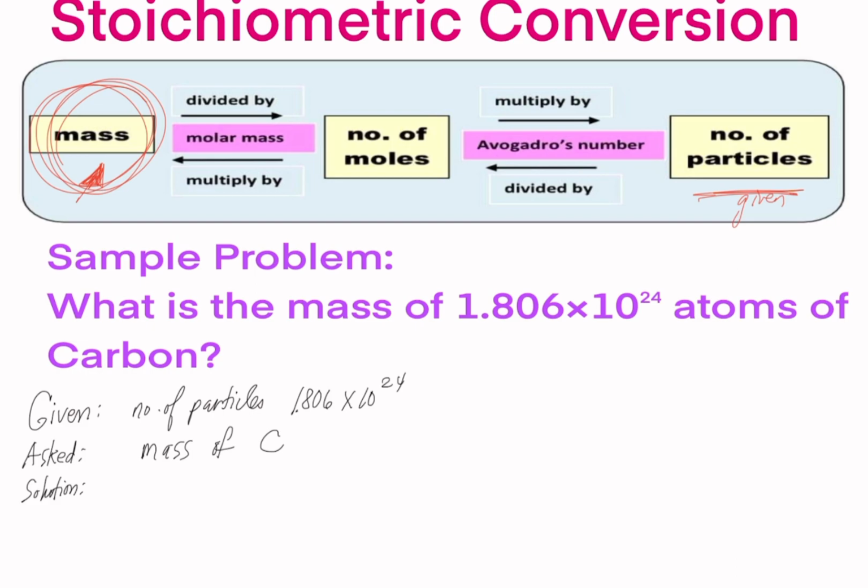Dayon gikan sa number of moles, atong i-convert og mass. Aron makuha ang number of moles, atong gamiton number of particles divided by Avogadro's number. And to get the mass, ato i-multiply ang number of moles with the molar mass.